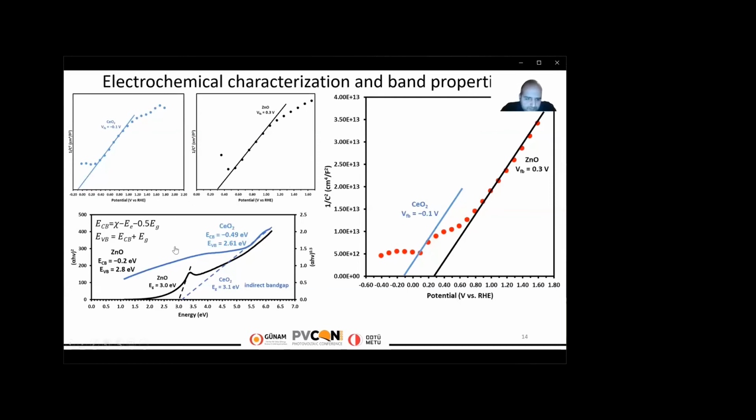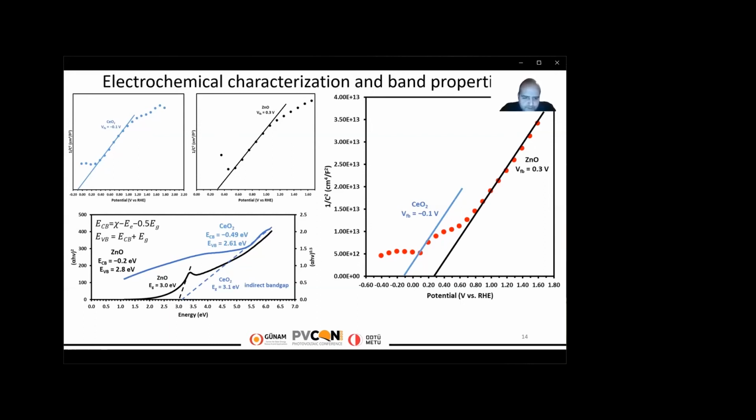So also from Tauc plots, we revealed the band properties of zinc oxide and cerium oxide, and we calculated the band gap separately because zinc oxide is a direct band gap particle and cerium oxide has an indirect band gap.